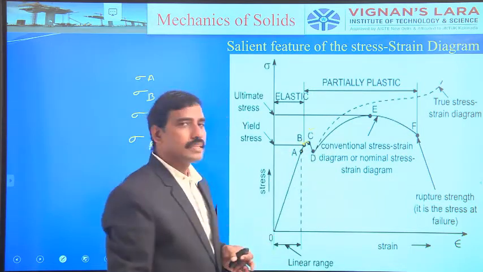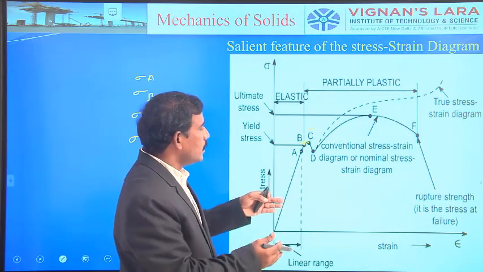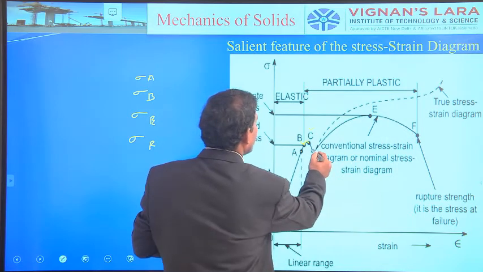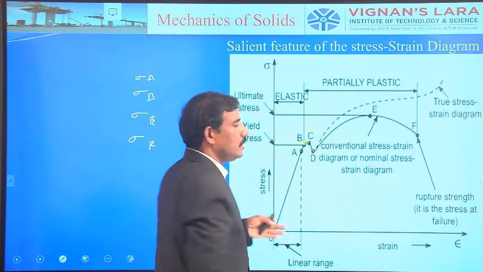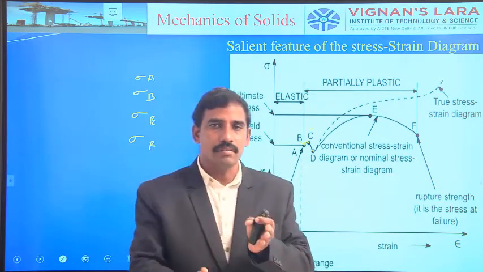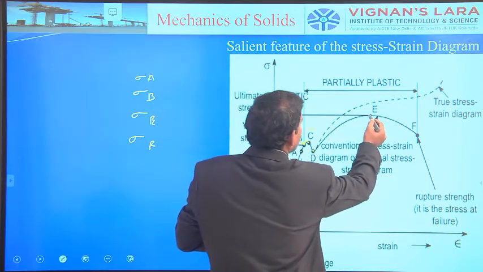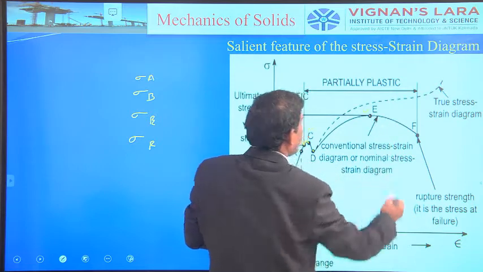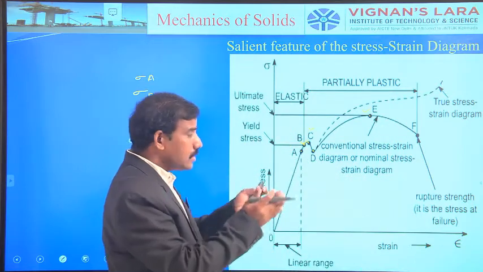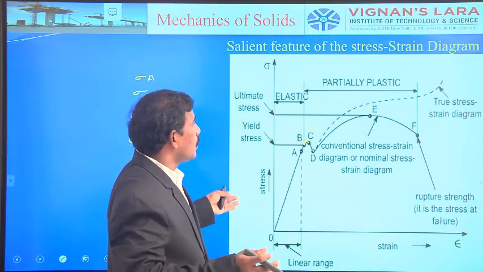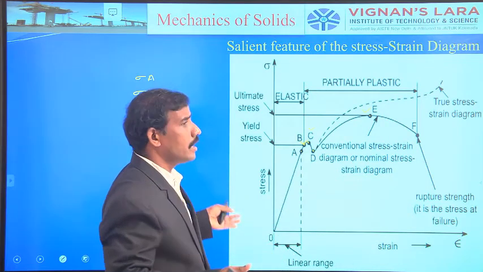That is the yield stress. It means yielding begins and goes up to D. So the curve falls down. Then further strain is caused by the increased load at a particular point E. Neck is forming and plastic deformation takes place.